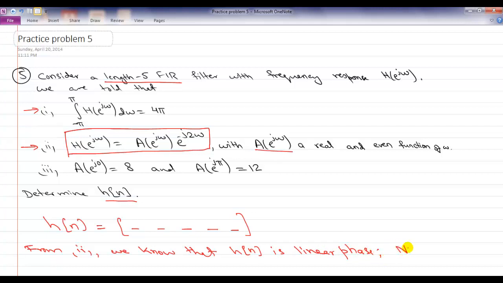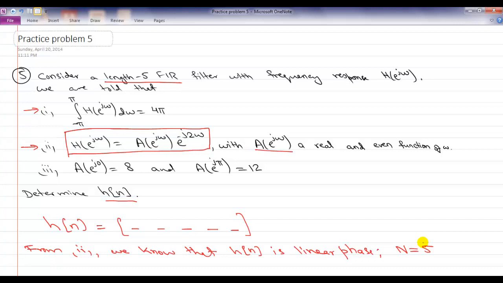Now the condition is N equal to 5 and we have linear phase. So that means we are either dealing with type 1 or type 3 filter. Okay. And regardless of that, if we have 5 quantities, we actually have to determine only 3. Why? Because whether it's type 1 or type 3, it's either symmetric or antisymmetric.